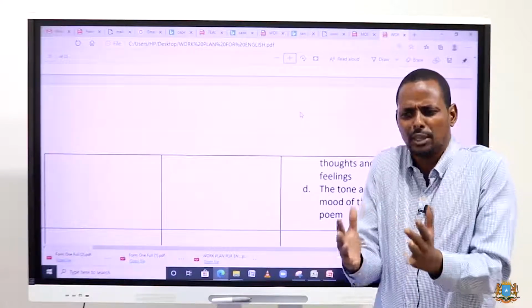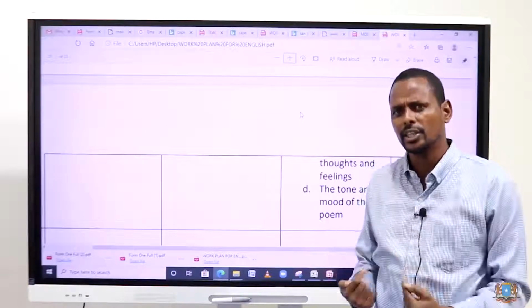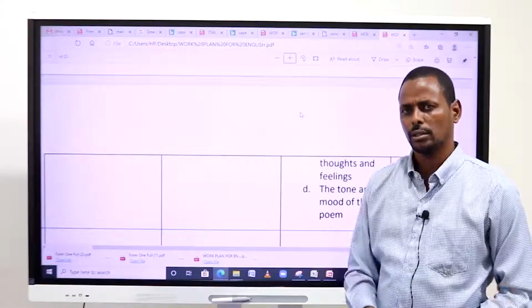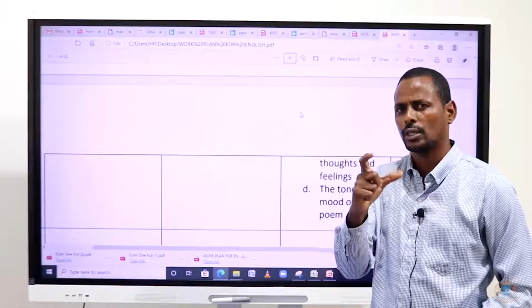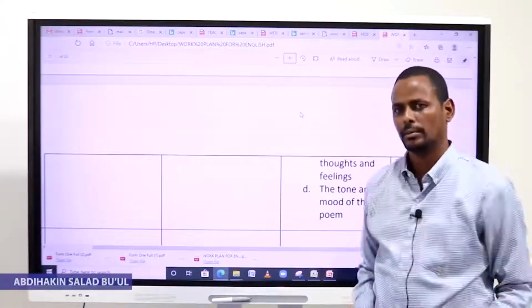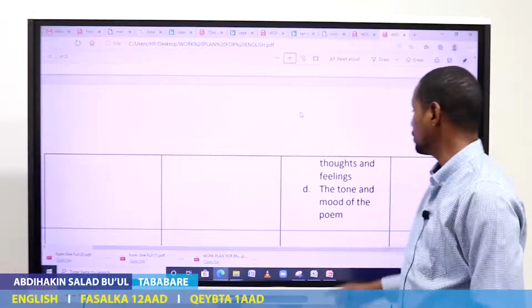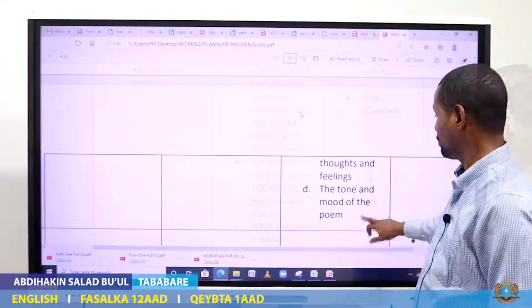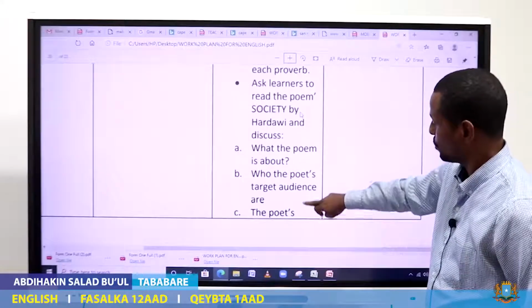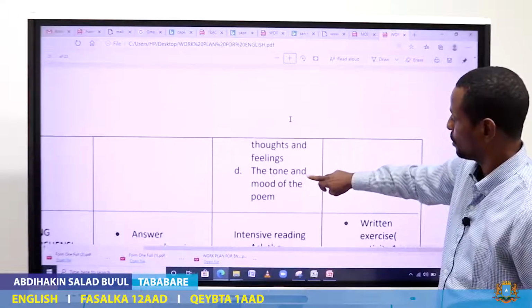It was a mild expression. You showed that you don't like him coming late, yet you don't want to show him that you are annoyed. So you use the tone that is going to make him understand his mistake without offending his feelings. See? So tone will make you understand the mood of the poem. Take it, audience. See the poet's thoughts and feelings.